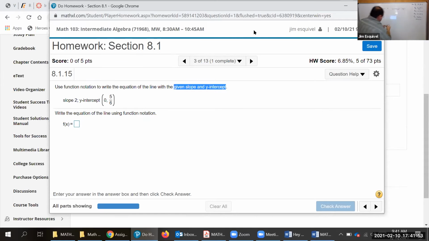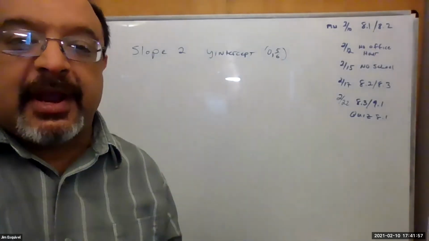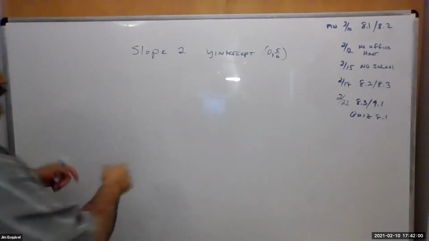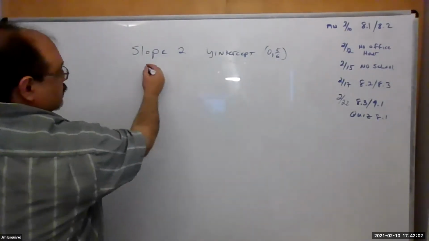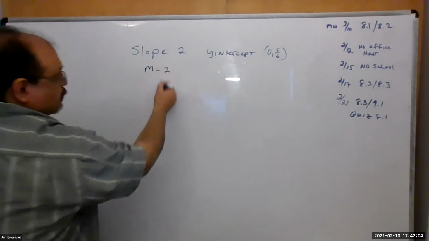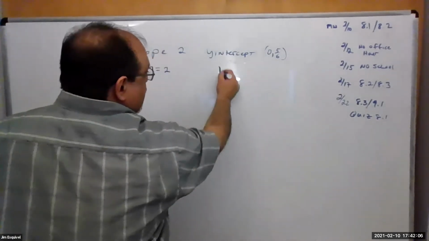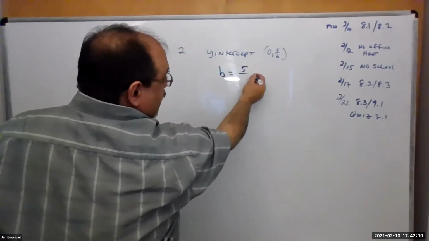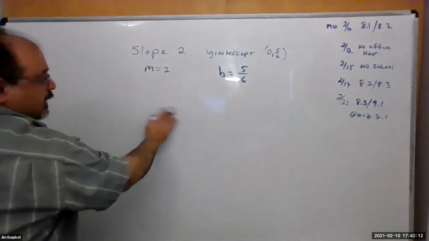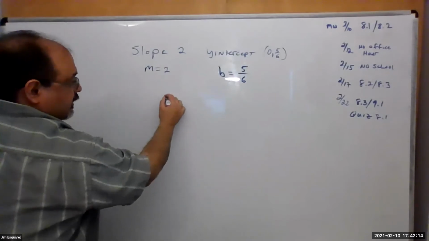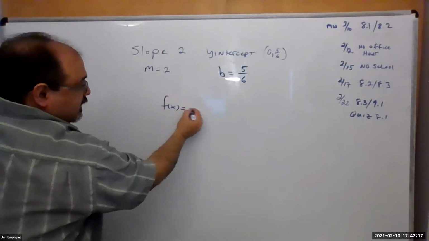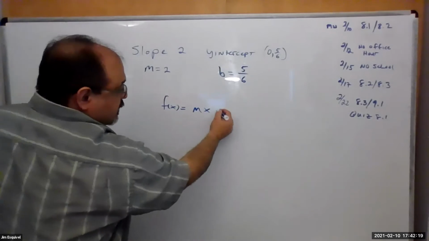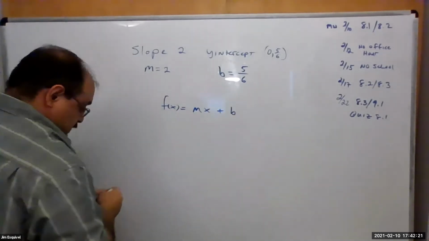So as soon as somebody sees this and they go, oh my God, there's not only a word problem, but there's a fraction involved. Translate. Slope 2, m equals 2. Y-intercept, that means b equals, that's the y coordinate, 5/6. And you basically are supposed to fill in f of x equals mx plus b.